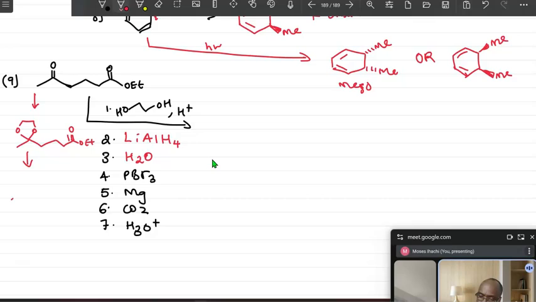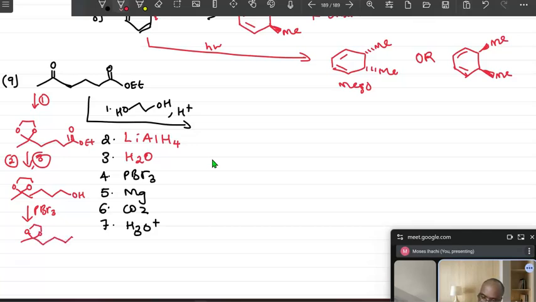The ester survives. I get an alcohol. Step 2, 3. That's to be alkoxide, then alcohol. PBr3, this is the very first chapter you did.